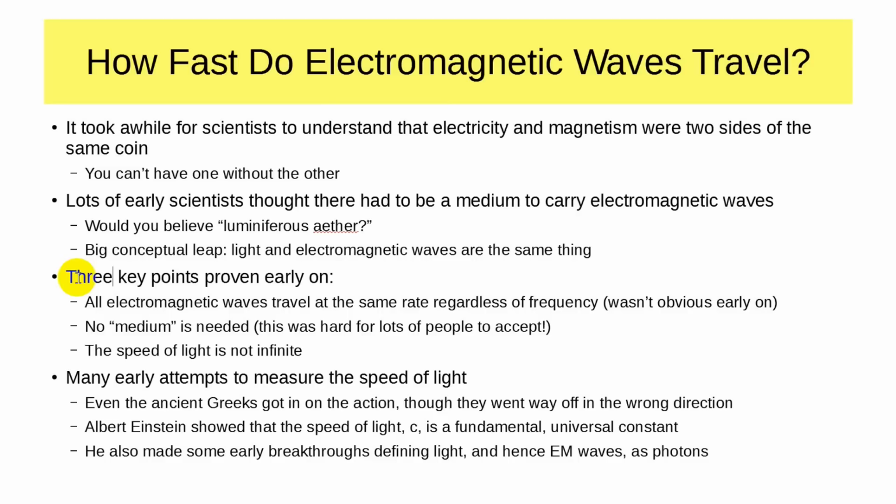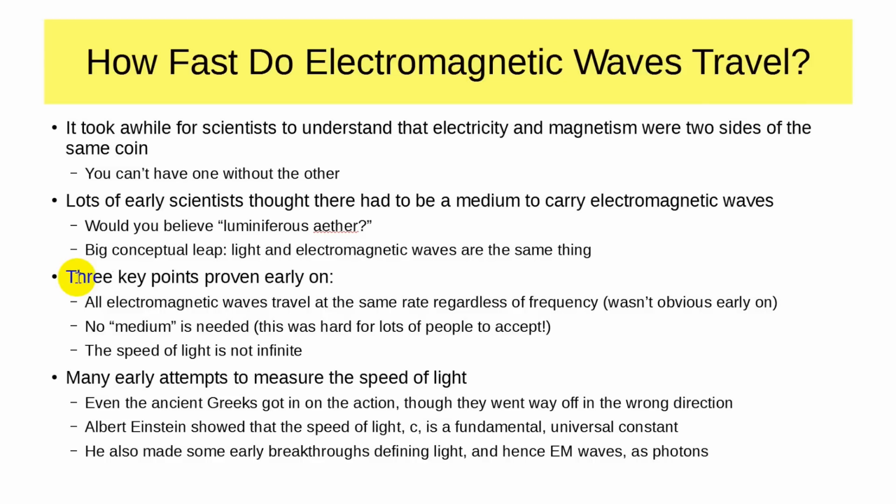Now, Albert Einstein came along in the beginning of the 20th century and showed that the speed of light, which is universally called c, is a fundamental universal constant. And that doesn't matter what your frame of reference is, the speed of light is always the same. And it turns out lots of things depend on the speed of light.